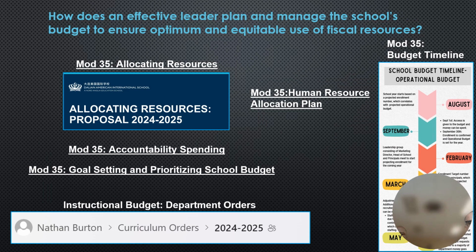And then last but not least, how does an effective leader plan and manage school's budget to ensure optimum and equitable use of financial resources? And there's a lot of evidence here, and a lot of it really was a very steep learning curve. Module 35 for me was a major challenge because I really had never ventured into the area of budgeting and resource allocation.